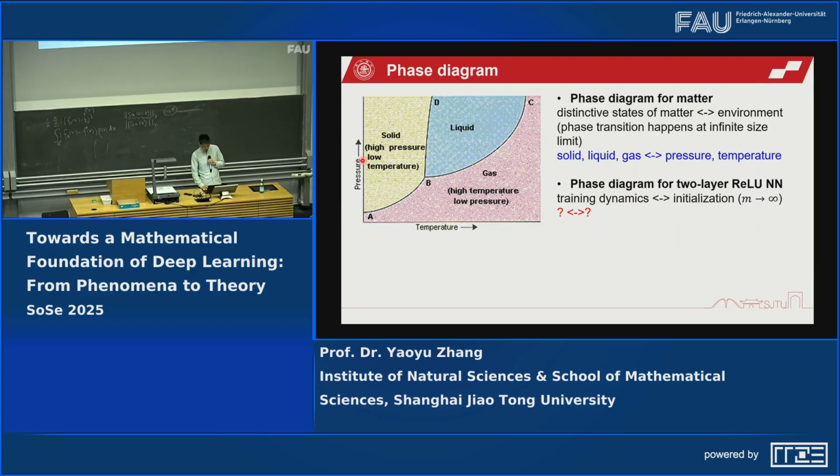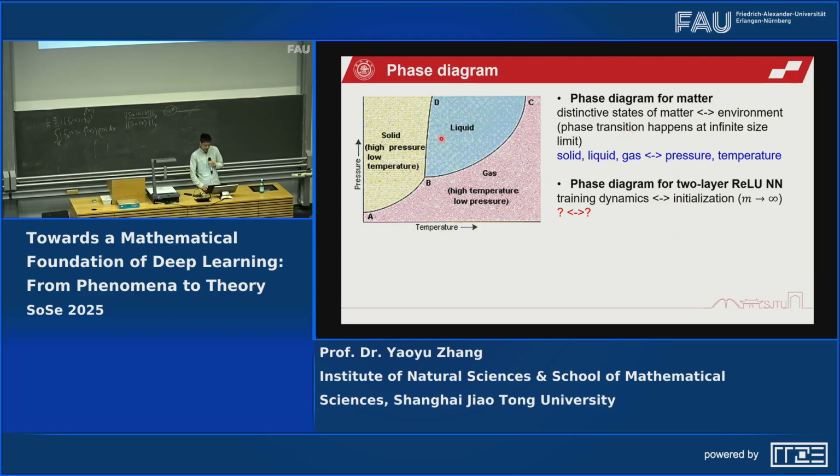Depending on the temperature and the pressure, these molecules or matter can behave in a gas state or liquid state or solid state. And there's a sharp transition between different phases. And this phase diagram is about distinctive states of matter versus the key factors in the environment.